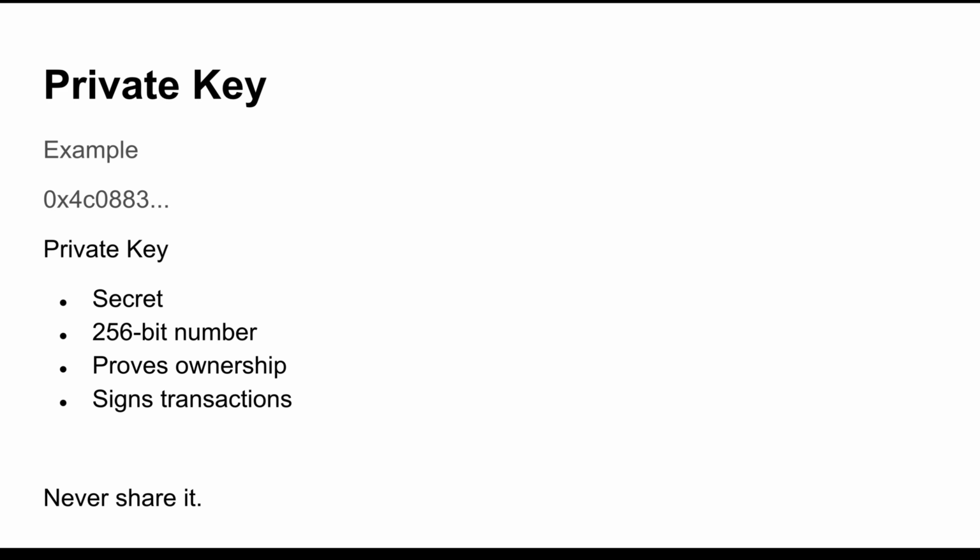For example, when you are sending out crypto, like sending 2 ETH to your friend, you have to sign it with your identity, which is that private key. Your private key is what we use to determine, okay, this is coming from this source. And no, we are not going to look at your private key. We don't know your private key.